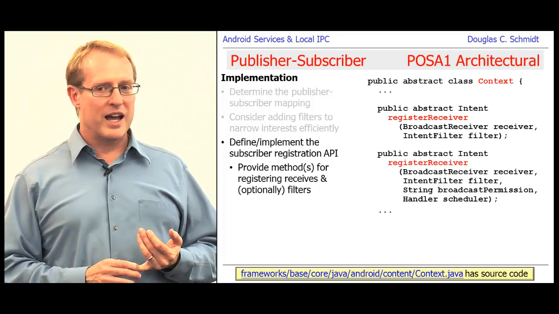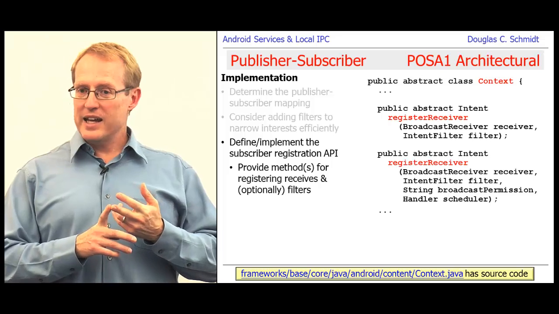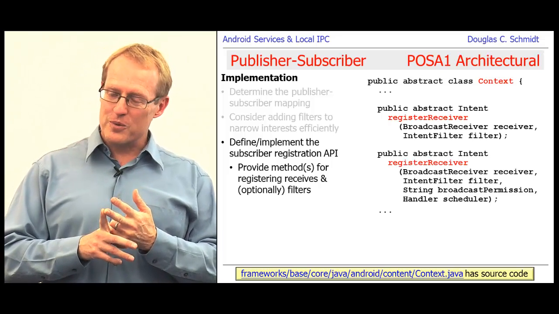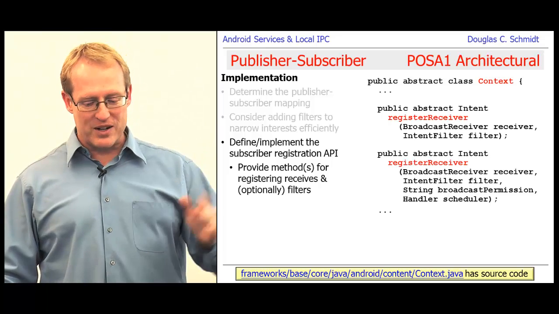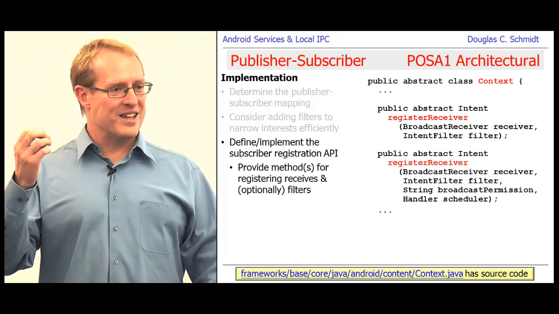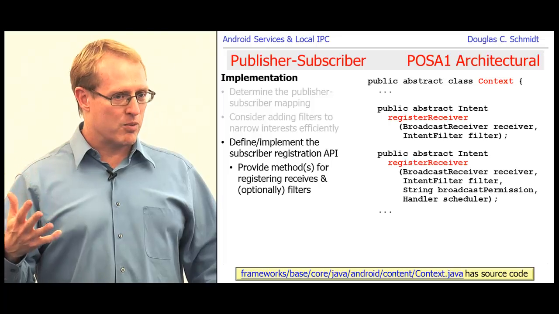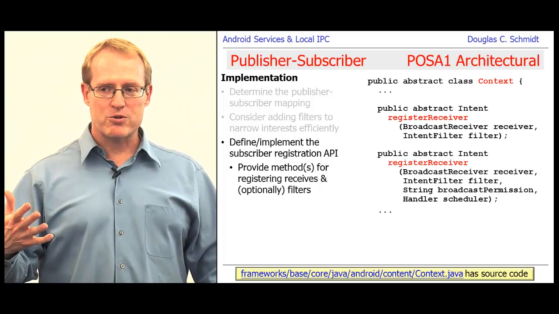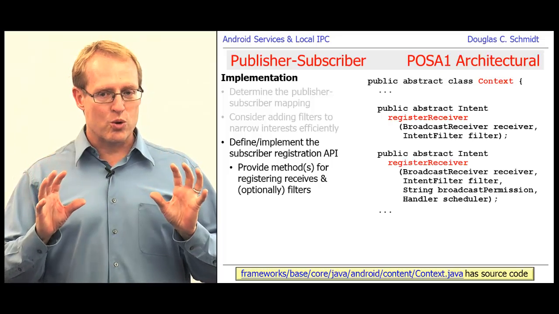You can have a register receiver model where you pass in the receiver you want called back and optionally the intent filter or not. And then you can also give permissions, and even in the second case, you can give a handler where you want the call to take place if you don't want it to take place on the thread of control where the broadcast receiver was originally created. So you have a lot of flexibility in Android about how you control where things are going to run.